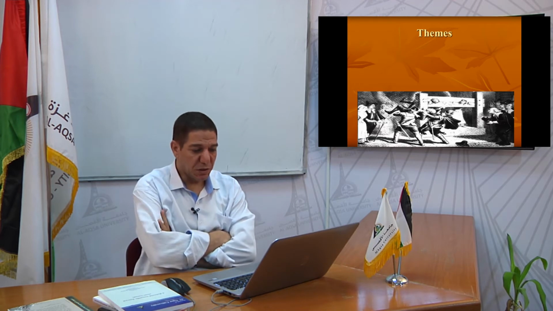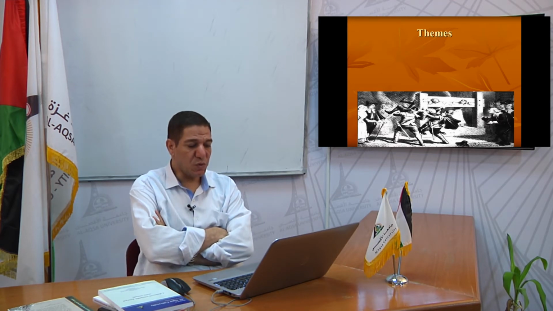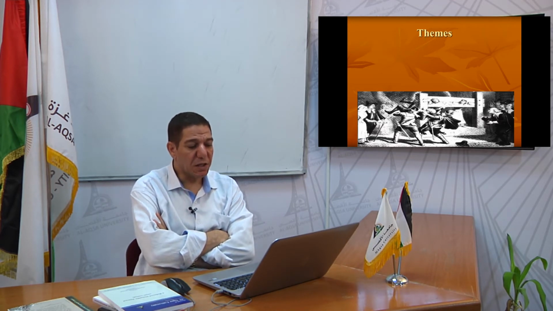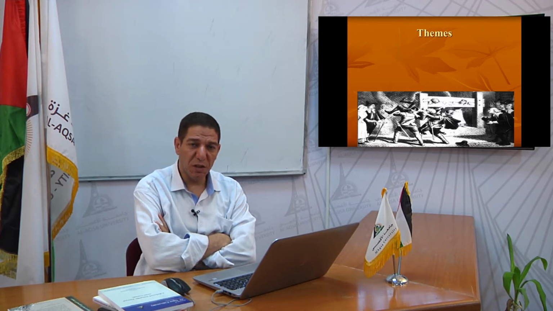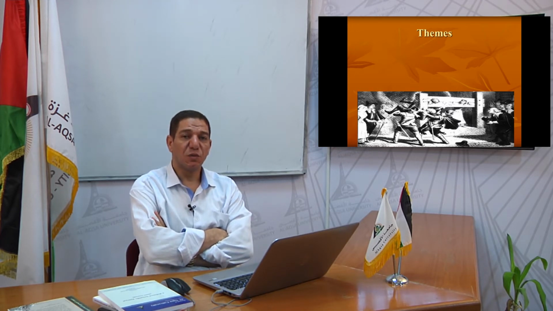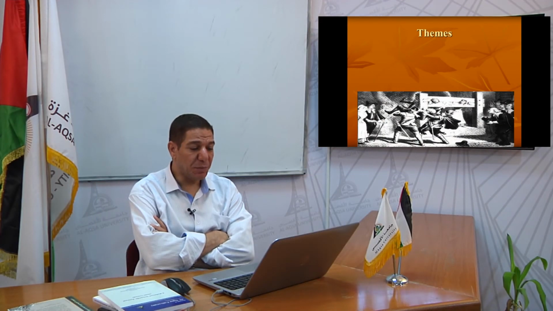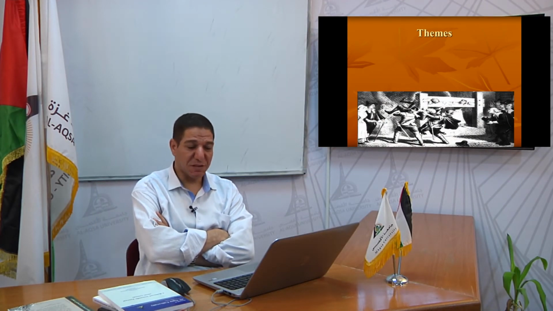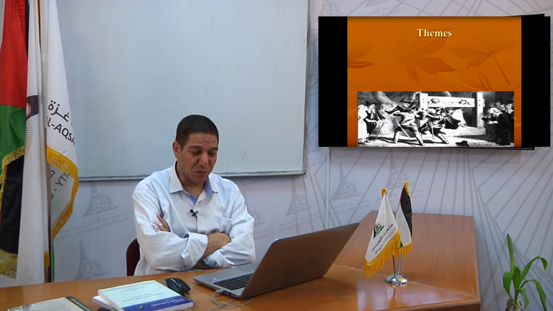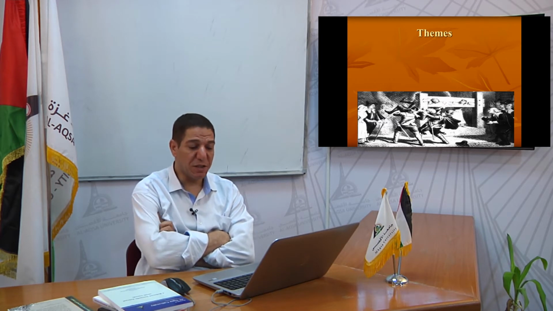This picture shows the religious persecution. These people escaped England for freedom of religion, but they in fact did to the people who disagreed with them the same thing they had been suffering at the hands of their fellow English people in England.